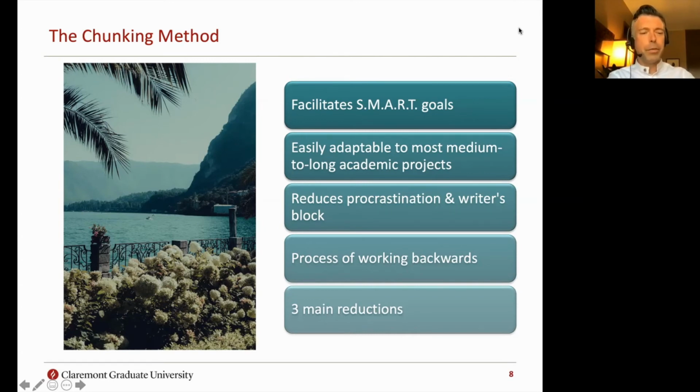So this method reduces procrastination, and it does it by creating, as Anisha talked about with SMART goals, these really realistic, smaller tasks that can be accomplished along the way that will add up to the final project. And by accomplishing them over a longer period of time, and as we'll talk about, maybe staggering them across courses, you'll make progress.